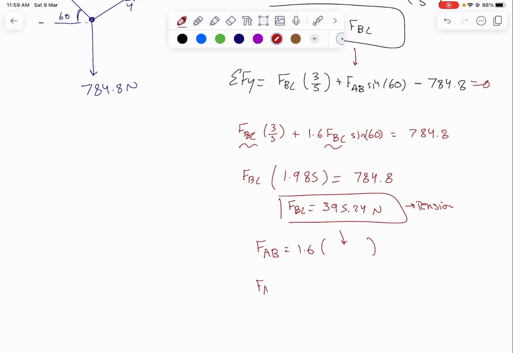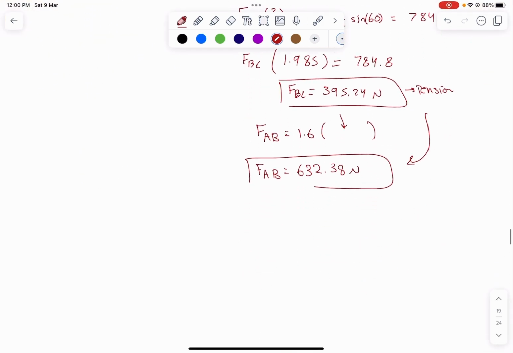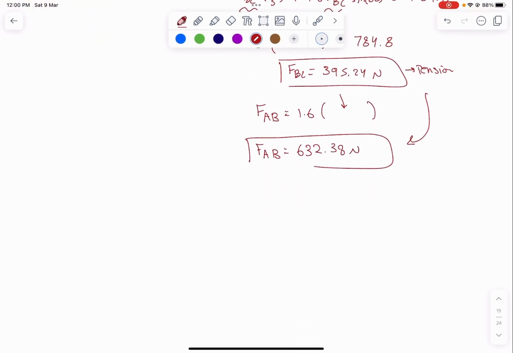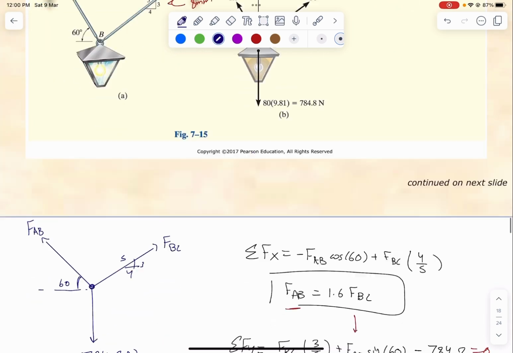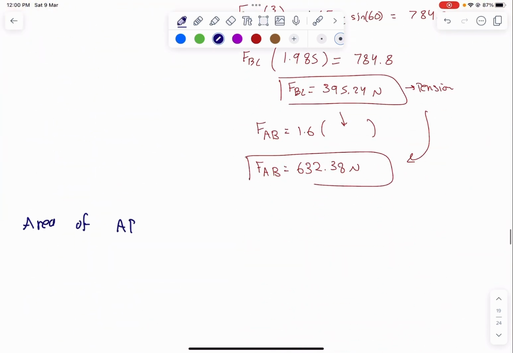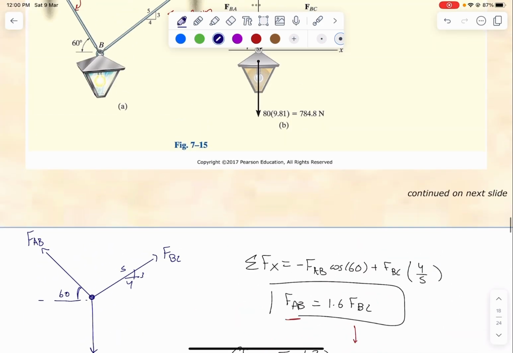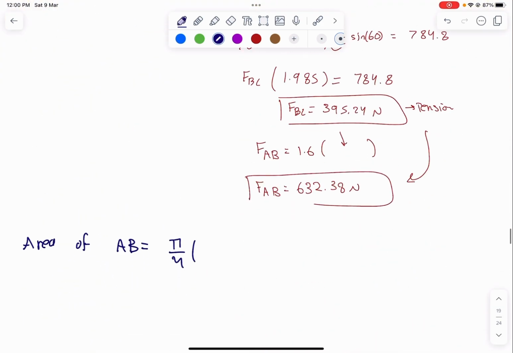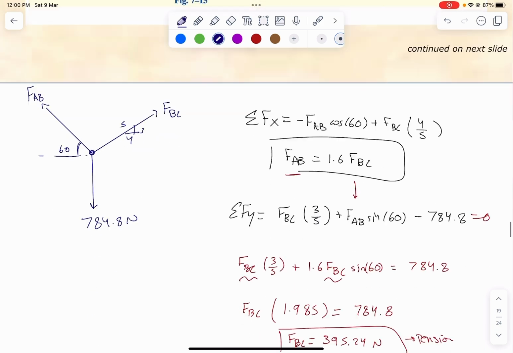So FAB is equal to 632.38 newtons, and it is also tension. Now I need to find the area. Area of AB is equal to pi/4 times 10 squared.